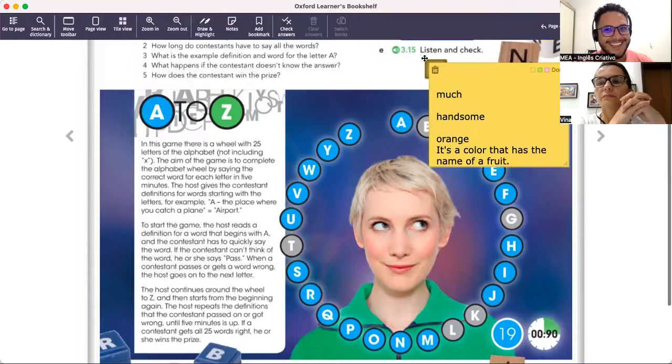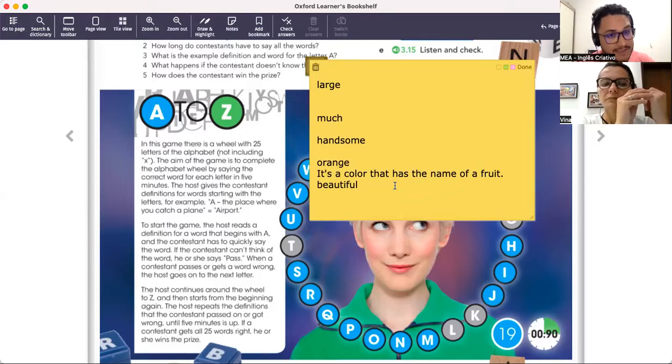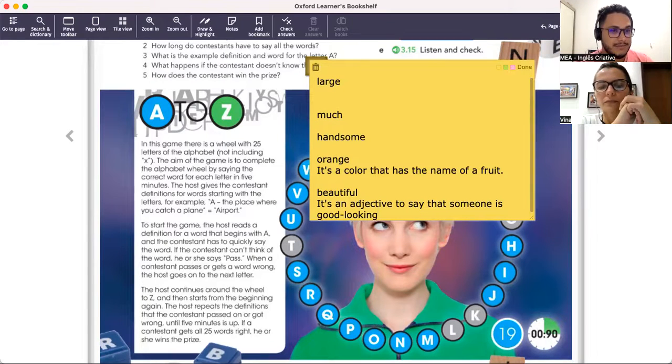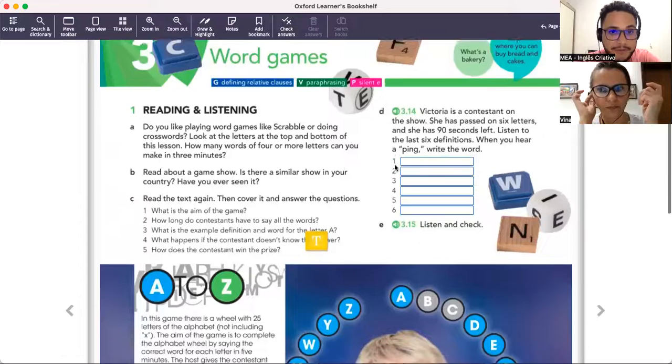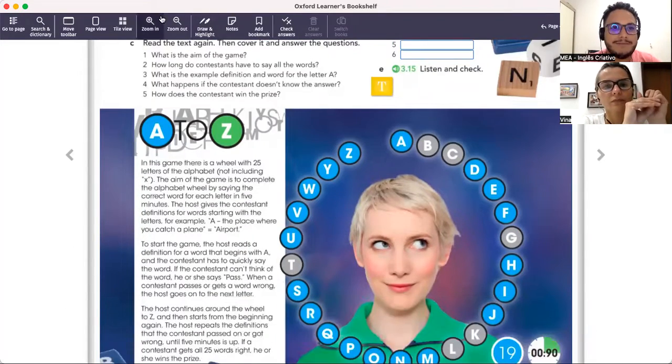Can you see? So this is a strategy very used when you don't know a word. What is beautiful? It's an adjective to say that someone is good looking. We are going to try to understand and to learn how to explain some words in English because it's very helpful.